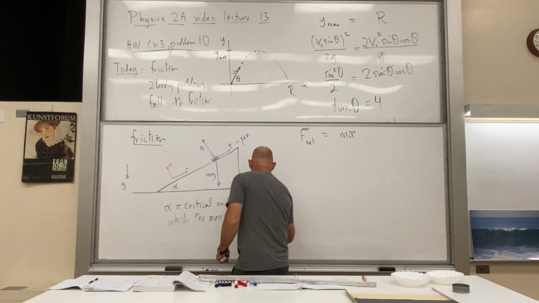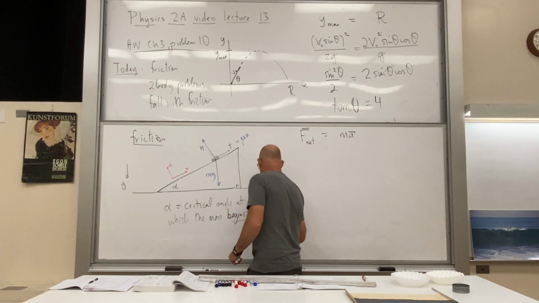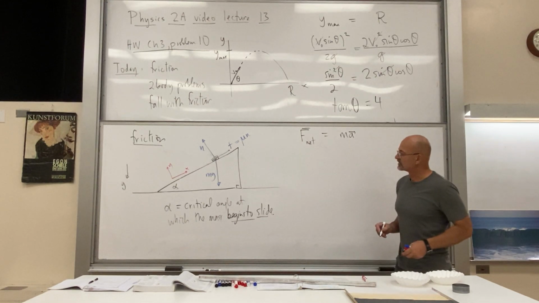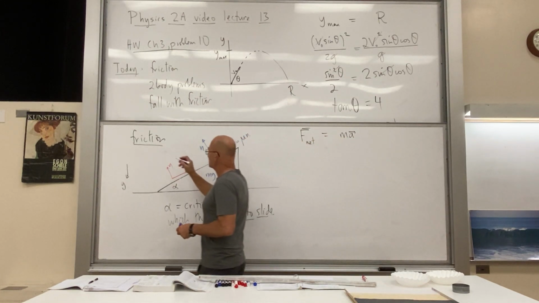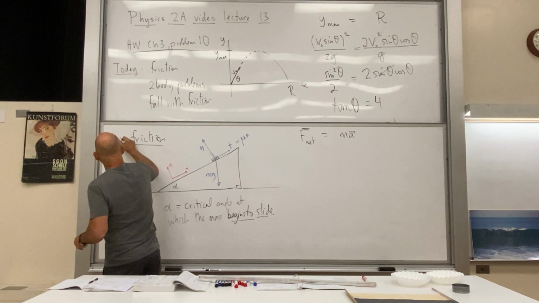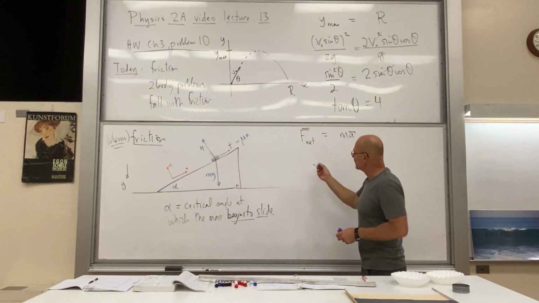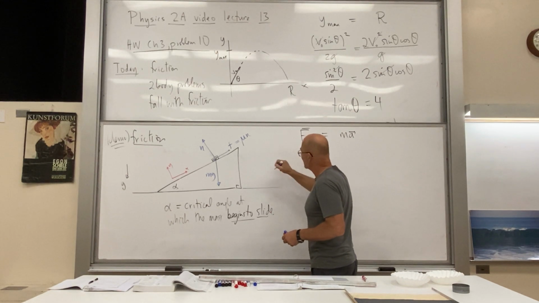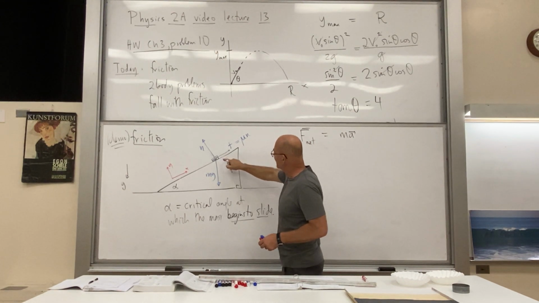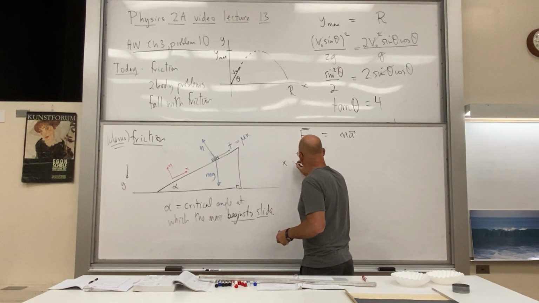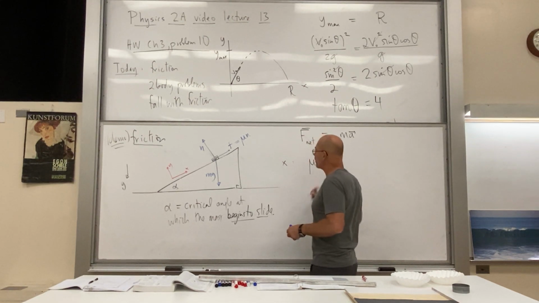To slide. Okay. So that was our demonstration right there anyway. So I'll put demonstration here as well. Good. So we're doing the x components, and the x component is mu times n pointing uphill.